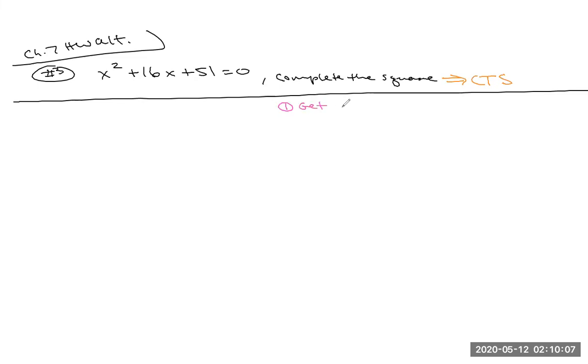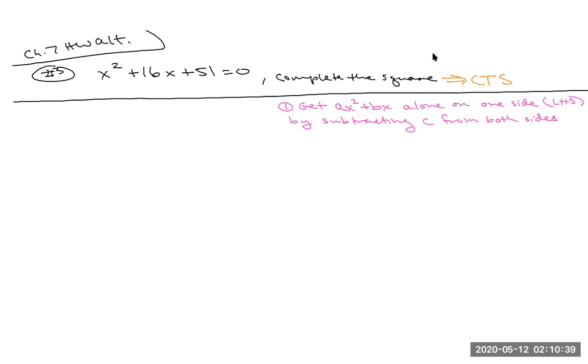Get ax squared plus bx alone on one side. In this case, left-hand side's the best, by subtracting c from both sides.